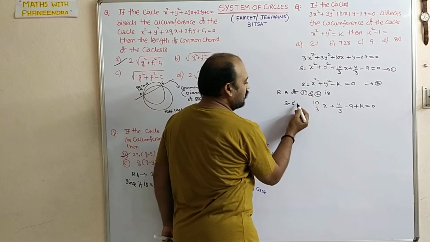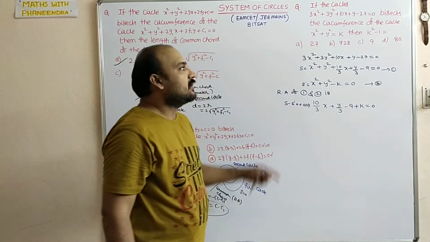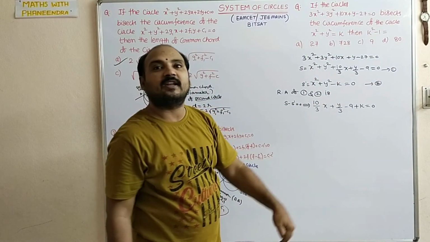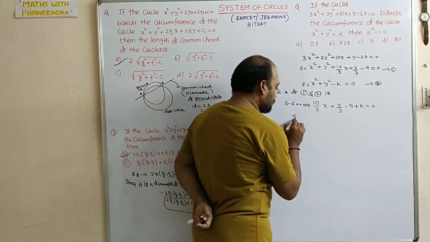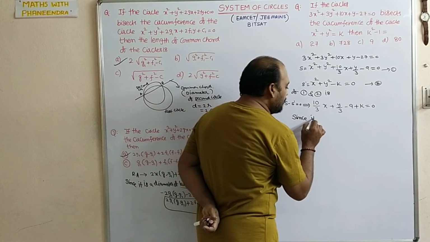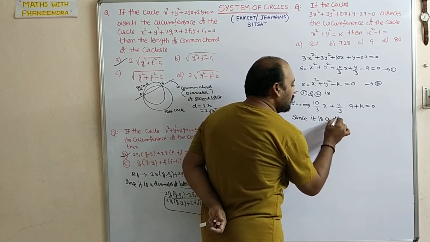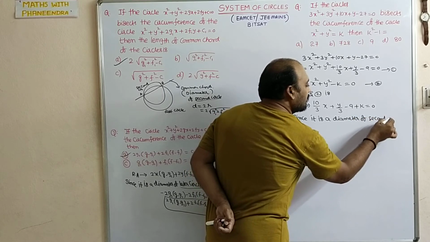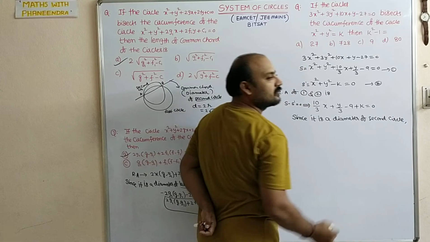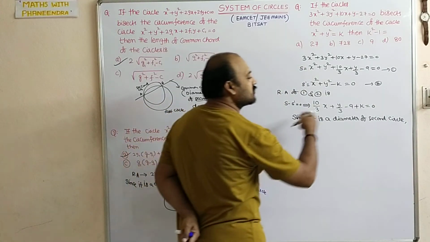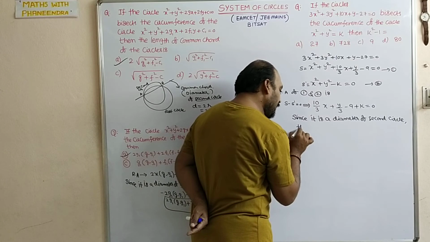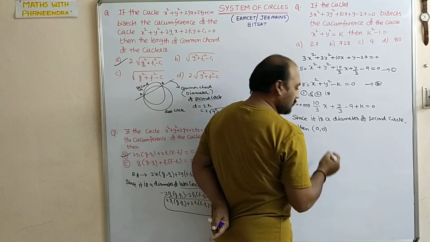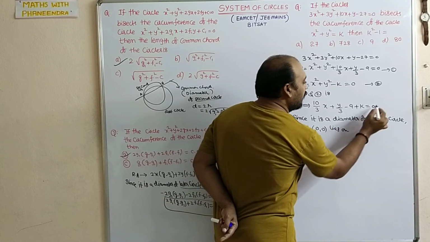S minus S dash equal to 0 implies that, since the first circle bisects the circumference of the other circle, since it is a diameter of the second circle, that means the center of the second circle, 0 comma 0, lies on equation 3.